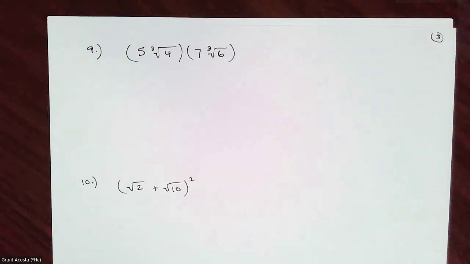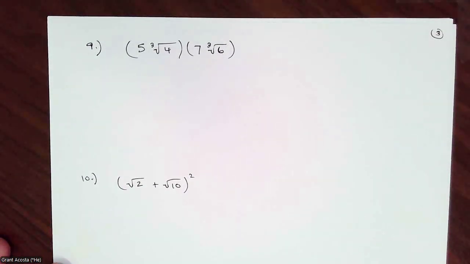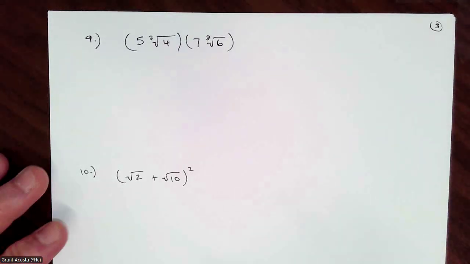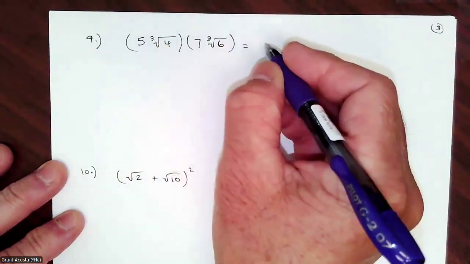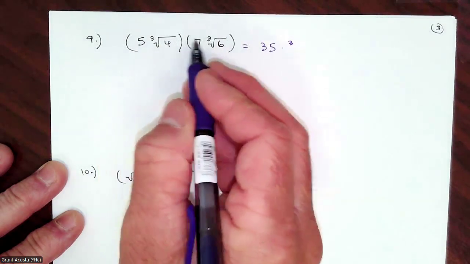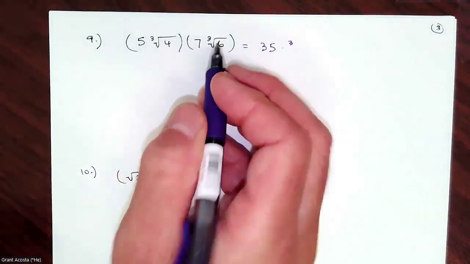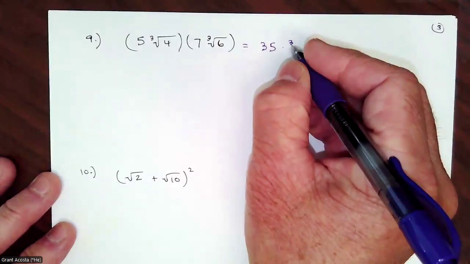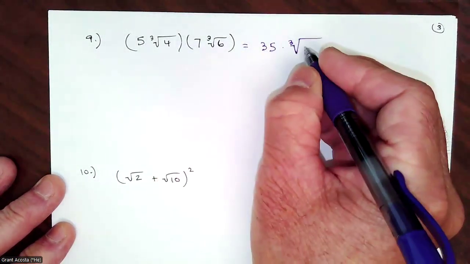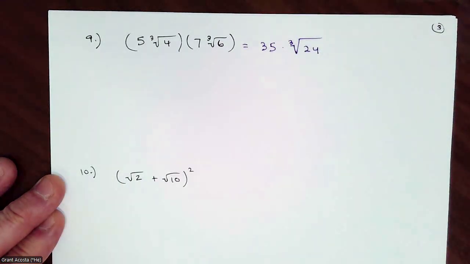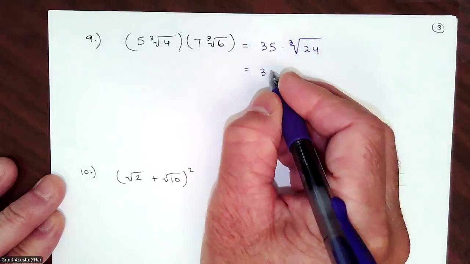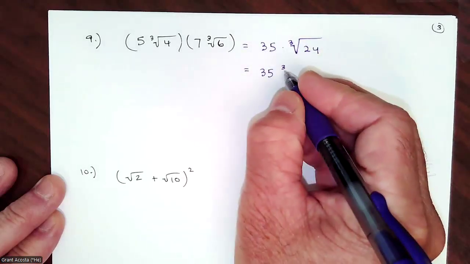You might pause the video and see if you can multiply those together. Remember, these are cube roots. So if I multiply these together, I get 35. You'd have to be multiplying the same type of root. If you were multiplying a cube root times a square root, you can't do any of what we are just talking about. They have to be the same root. But since they are, then I can just multiply the numbers on the inside, and that becomes 24. And then we want to see if there's any perfect cubes in 24, which I can find.